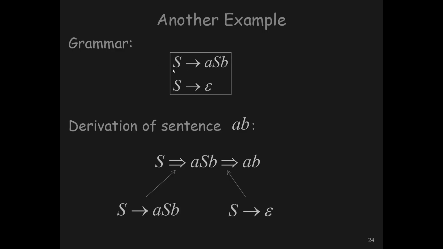Okay, so here's an example. Let's say your grammar has the variable S, which can produce terminal a followed by variable S followed by terminal b.